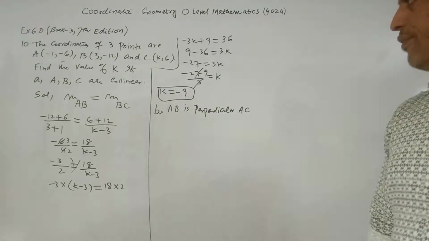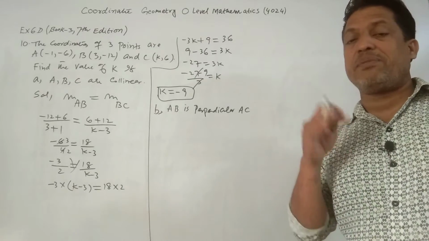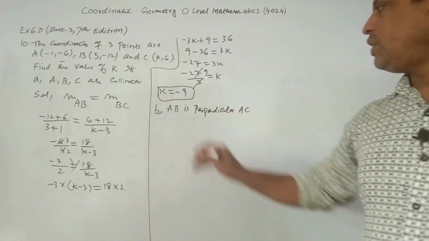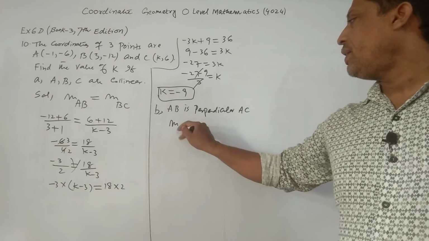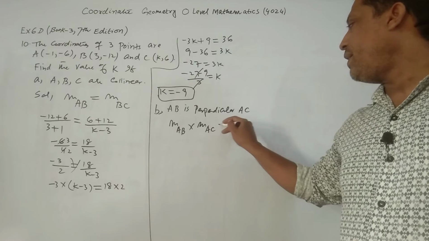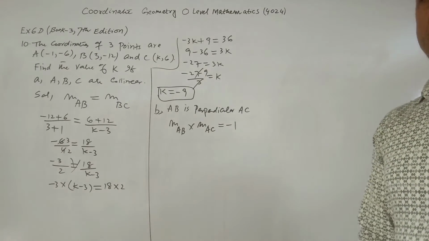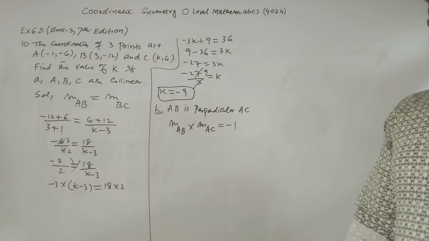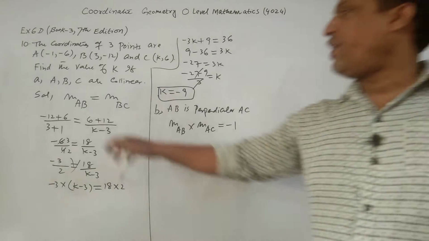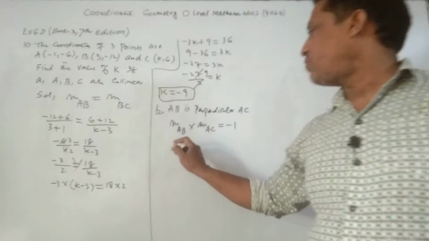Very easy. We know that if two lines are perpendicular, then the product of their gradients must equal -1. So gradient of AB multiplied by the gradient of AC should equal -1. How to find the gradient of AB? It's very easy. We have already found the gradient of AB in this part. What is the gradient of AB? -3 upon 2.